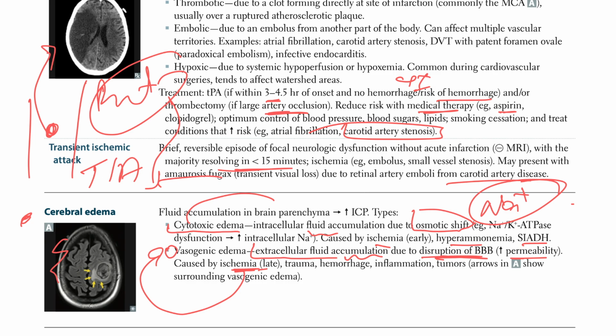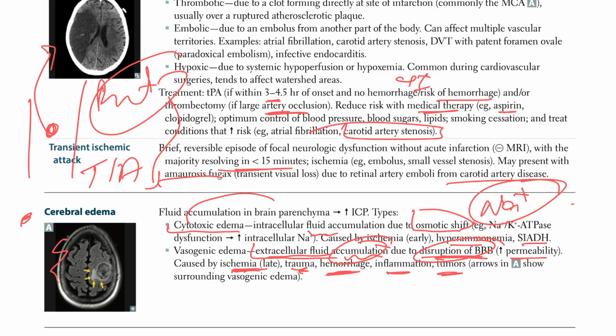Because of disruption of the BBB. When you disrupt the blood-brain barrier, all the excess fluid will get into the brain, causing an increase in ICP. So it's extracellular accumulation due to disruption of the BBB, and that is due to late ischemia. Trauma can also cause vasogenic edema, as can hemorrhage, inflammation, and tumors.